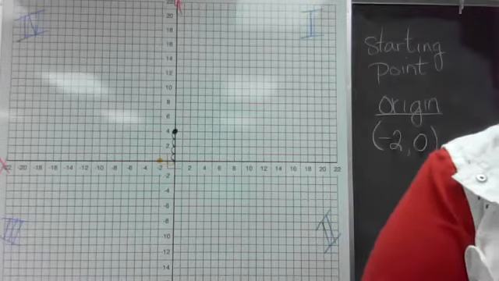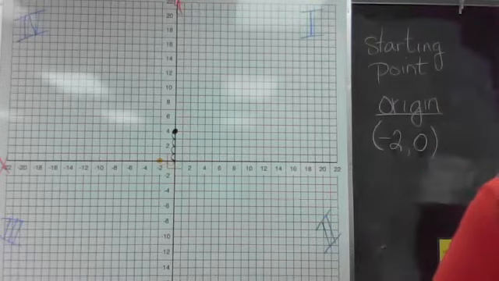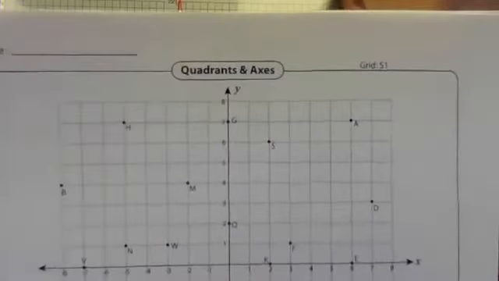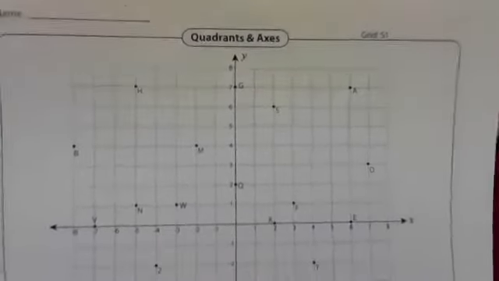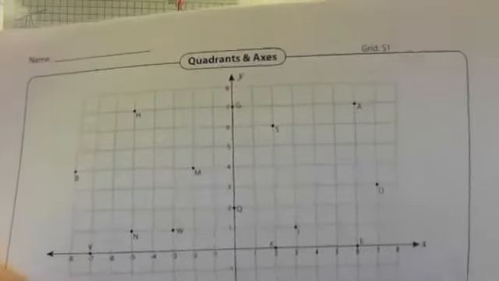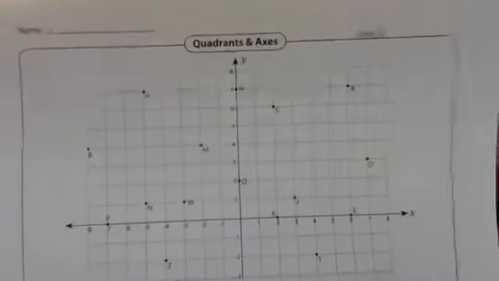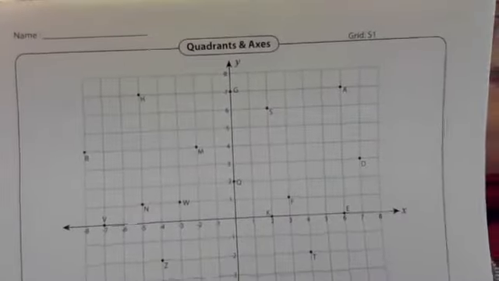All right. Now, what I sent you, page 1, page 2, you should be able to do. Page 3, okay, let's look at this one. This is page 3, the ones that I printed and numbered. It says grid S1. So it's wanting you to know about quadrants now.